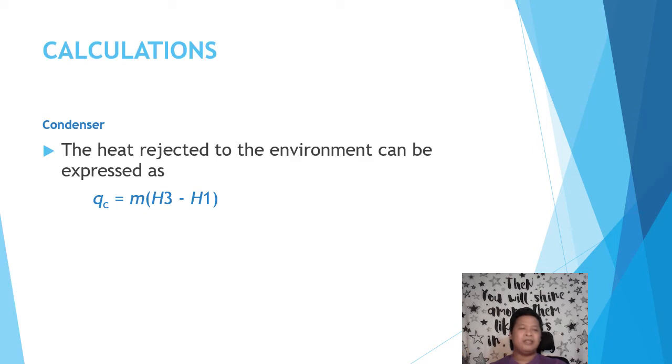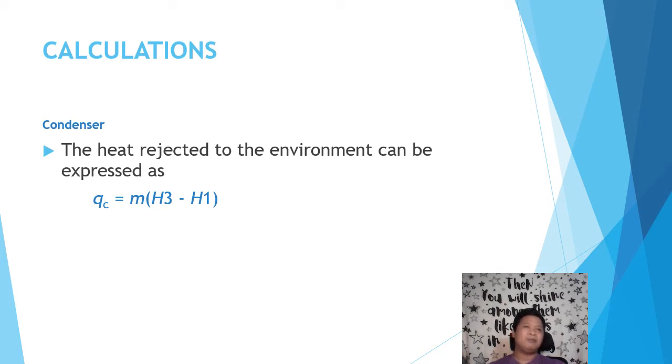Okay, and usually, kung iisipin natin, di ba minsan yung refrigerators, mas hirap sila pag summer. Kasi in this phase, when you reject heat to the environment, yung temperature gradient ng condenser temperature niya versus the ambient temperature yung nagtitake into effect.